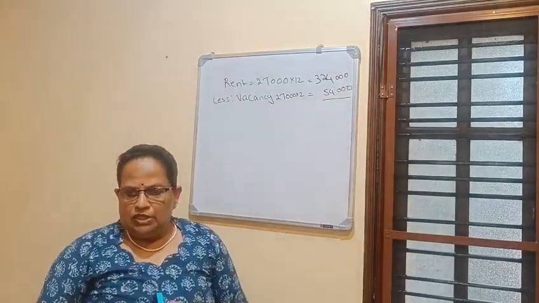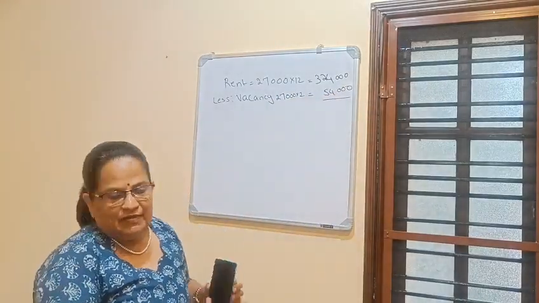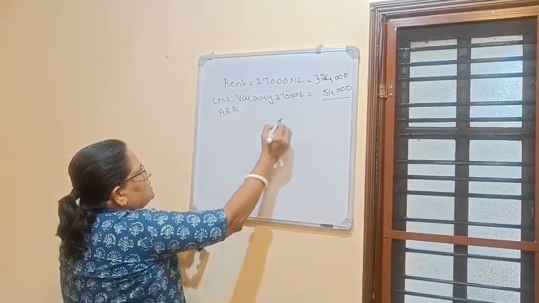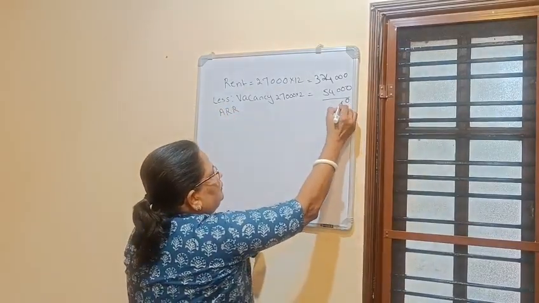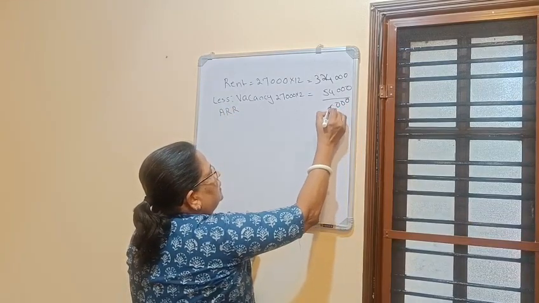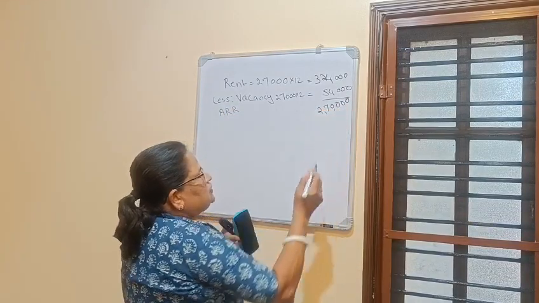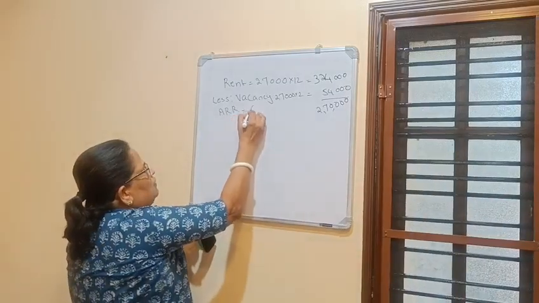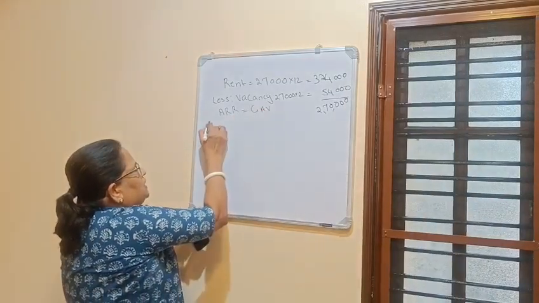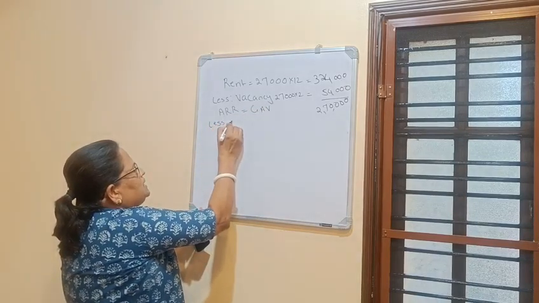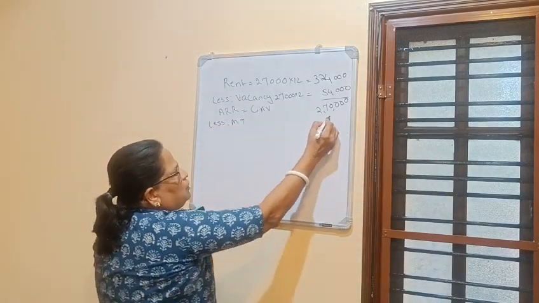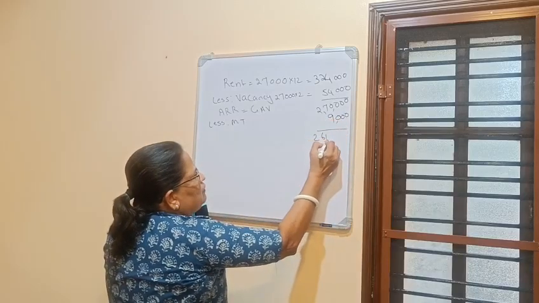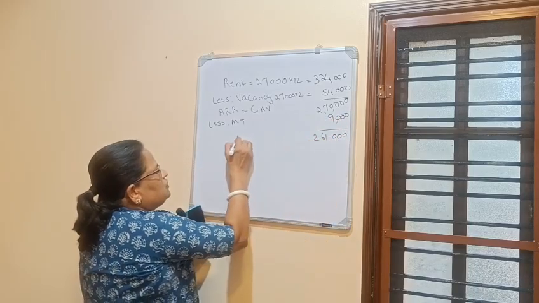So here the actual rent received is 2,70,000. This is the gross annual value because no other information is there. Now less municipal taxes. It is paid by the owner, so we can allow that, 9,000. So the net annual value is 2,61,000.